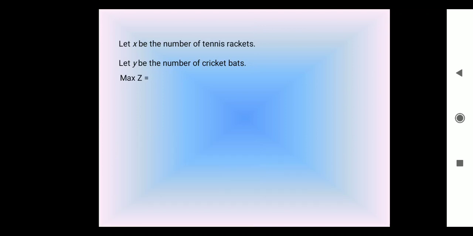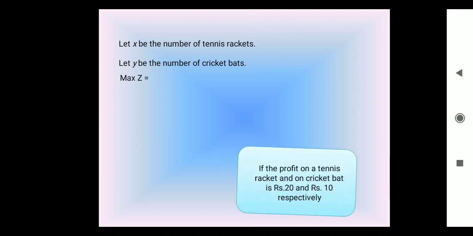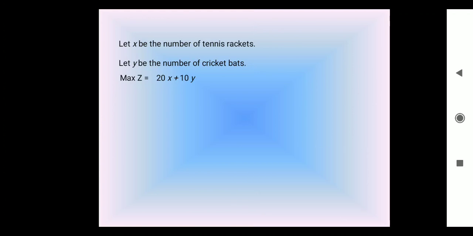They have given that the profit on a tennis racket and on a cricket bat is rupees 20 and rupees 10 respectively, hence our objective function becomes 20x plus 10y. Hence the objective function is maximum of z equal to 20x plus 10y.